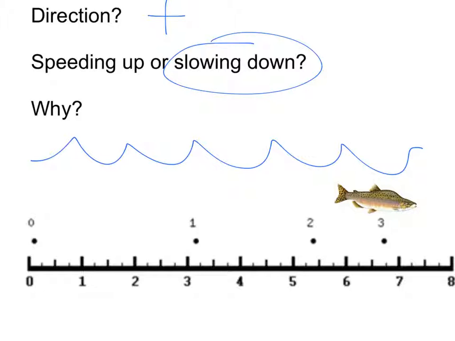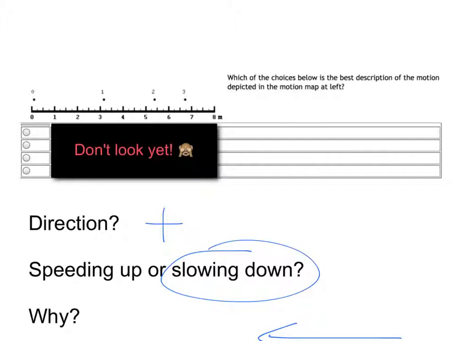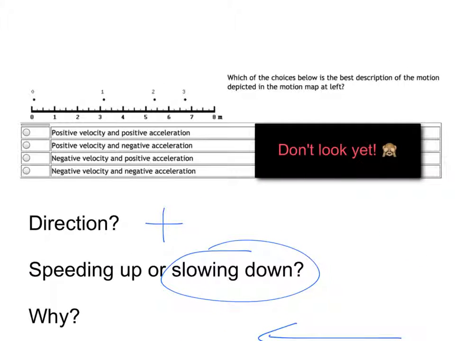So it must be that the current is flowing in this direction, which would be the negative direction. So that means a negative acceleration. When we have a positive velocity and a negative acceleration, he slows down. So we're looking for positive velocity, negative acceleration. There we go.